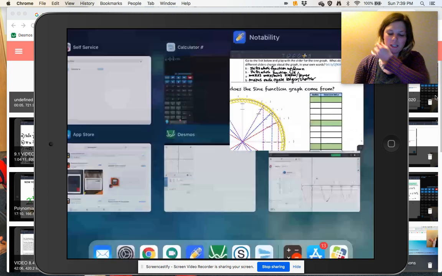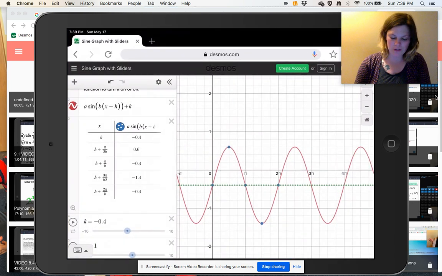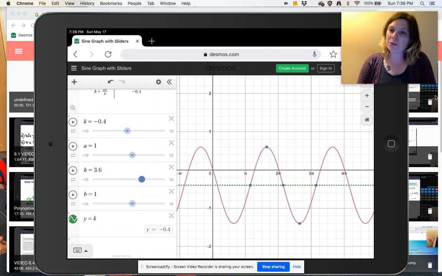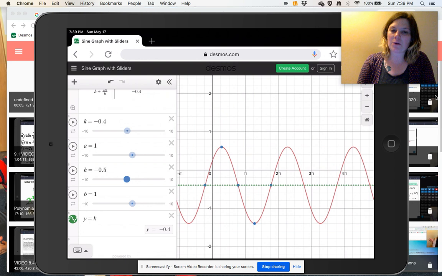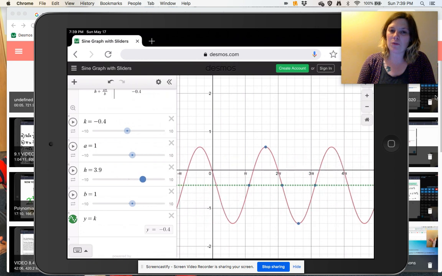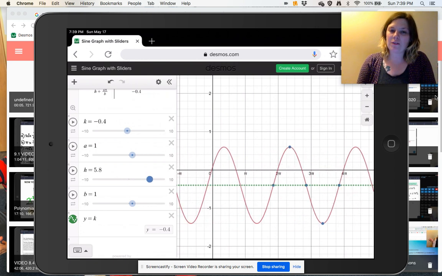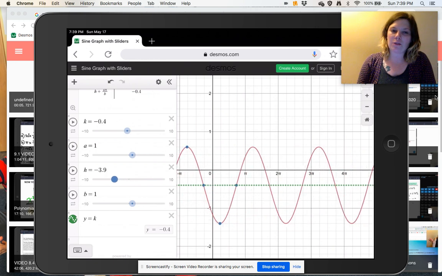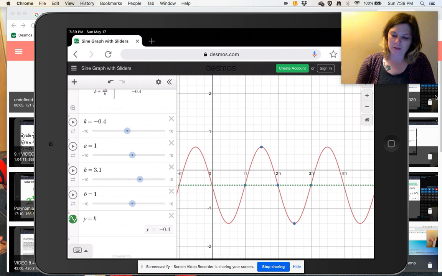Let's look at the h value now. What does the h value do? Let's scroll down here. Here's h, and we can see that if we move h, those blue dots, which we'll talk about what they mean, but notice how they move to the left and the right. They go to the left when h is negative, and they go to the right when h is positive. All right, so you could write something about that.